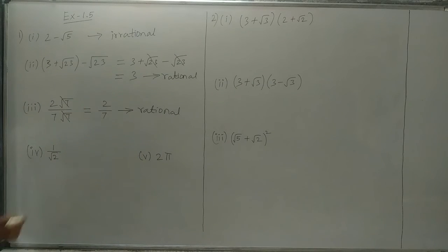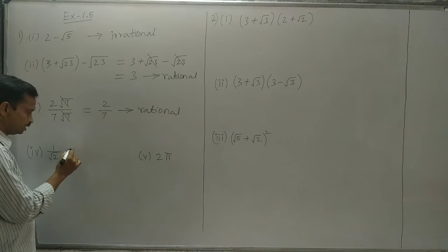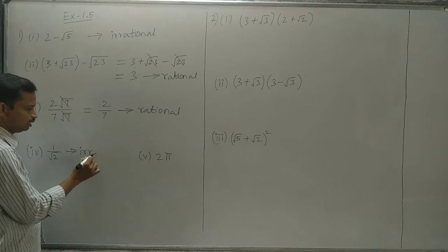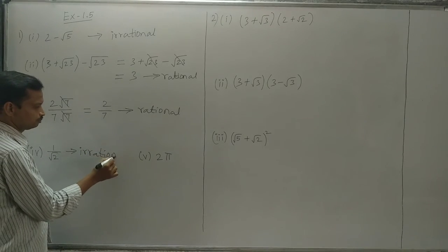And now coming to option 4, 1 by square root of 2. You know this denominator root 2 is irrational, but numerator 1 is rational. But 1 by root 2 means if you divide 1 by an irrational number, definitely we get an irrational number.